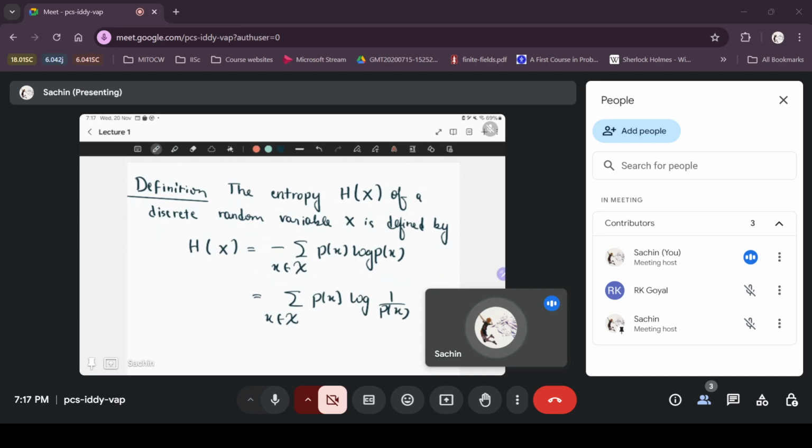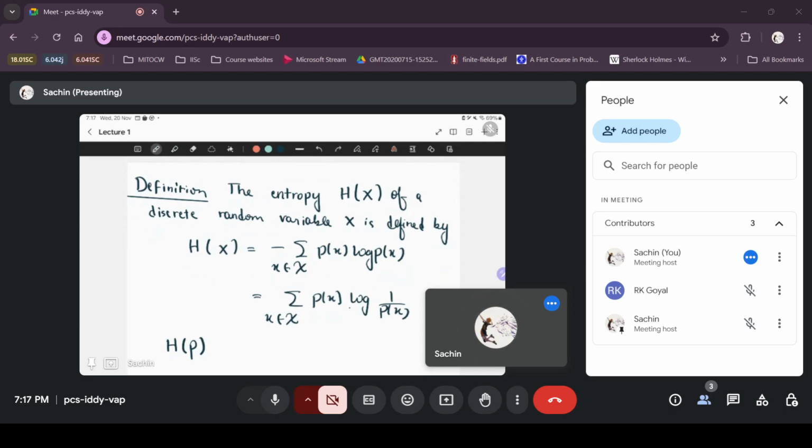You can also denote this by H of P, because this depends on the probability distribution. So it only depends on the probability values and not on what you call the random variable.